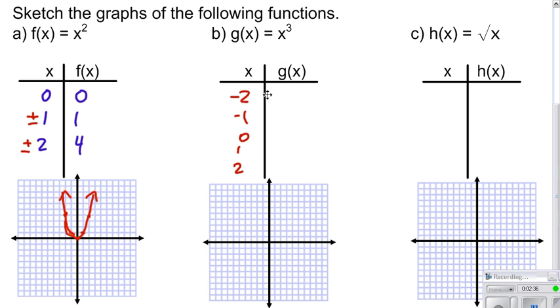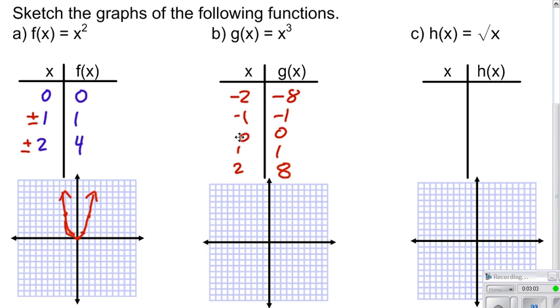We get negative 2 times negative 2 times negative 2, so that's negative 8. Let's jump down. When we plug in 2, positive times positive times positive, that would be positive 8. We plug in negative 1, negative 1 times negative 1 times negative 1, that's negative 1. Plug in 0 is 0, plug in 1, you get 1.